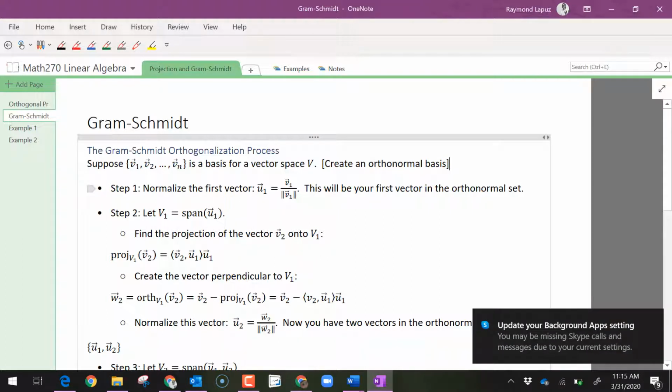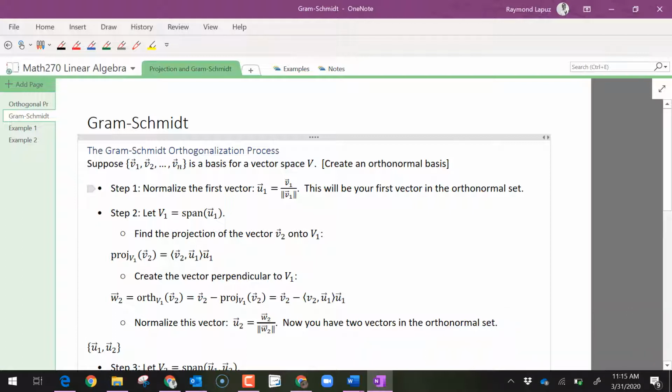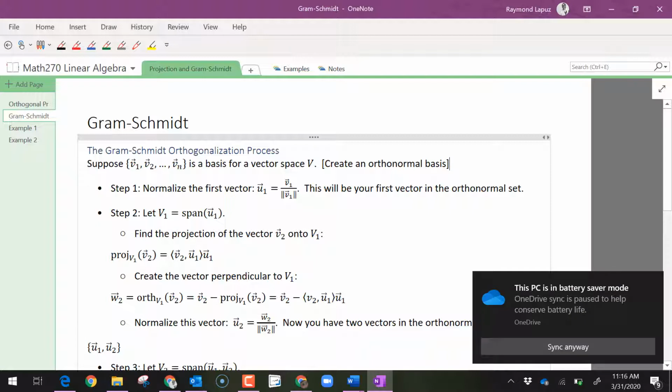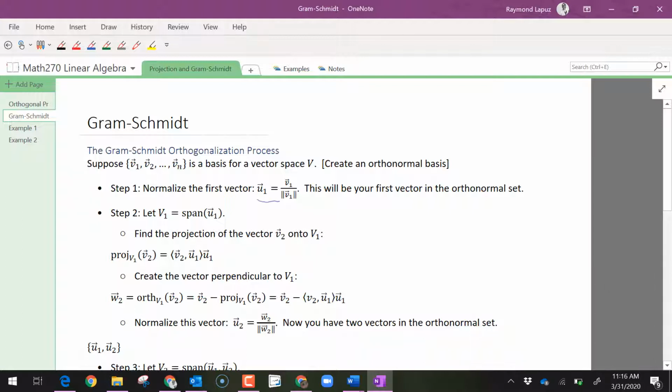So it really just takes a few steps, depending on how many vectors you have. Our first step is to normalize the first vector, v1, and that's going to go in our set. So we're going to collect a bunch of normal or unit vectors that we're going to build our set from. When we start with v1, we normalize it, and now we have one vector in our set.